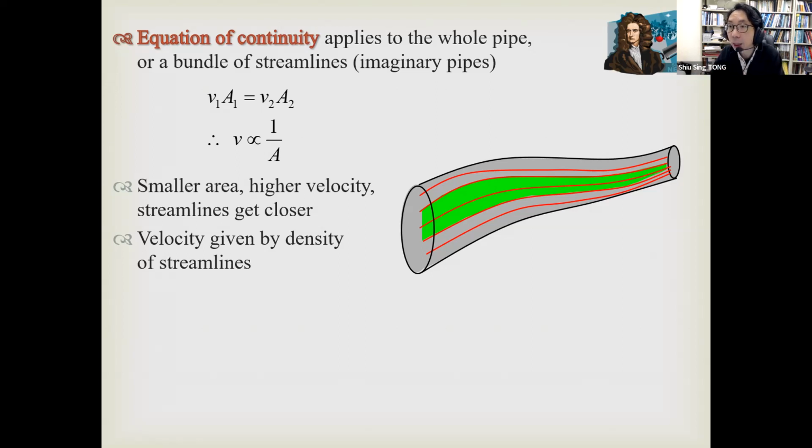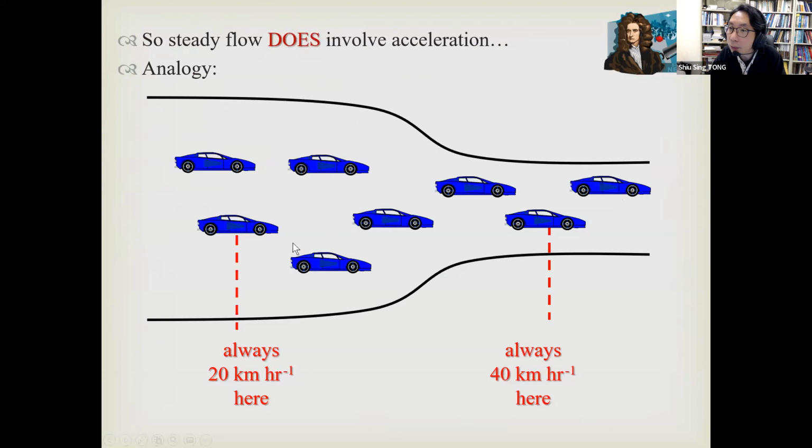Now, this is an analogy you have seen before, right? In a previous slide, we used this analogy. If you have some cars going through a tunnel, because the tunnel is rather narrow, when you have cars coming from different lanes, they gather around at the junction. At first, they will have a low velocity because the road is wide.